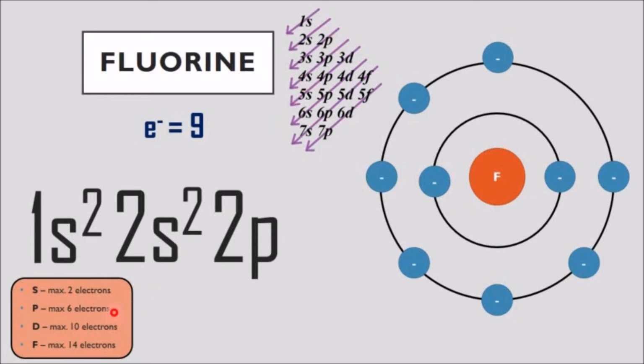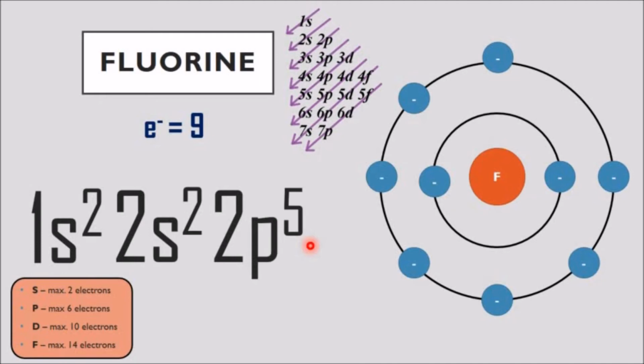Now, p orbitals could hold a maximum of 6 electrons, but we cannot put 6 as its superscript because it will give us a total of 10 electrons already. But we're only looking for 9. So instead of putting 6, we're just simply going to put 5 in here.